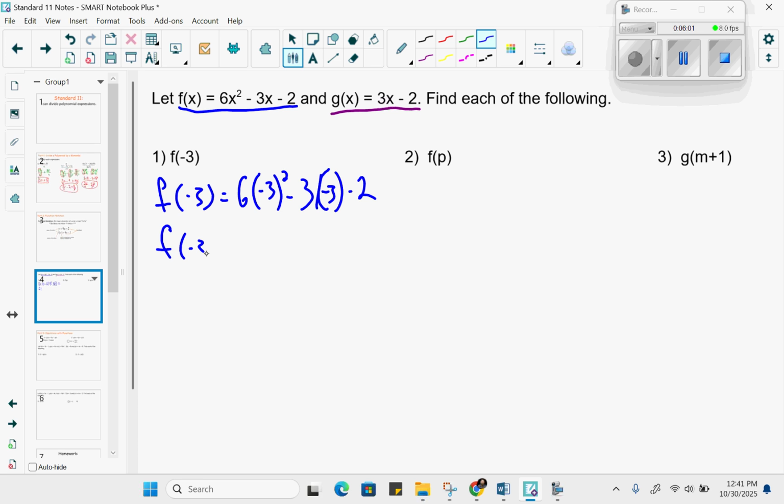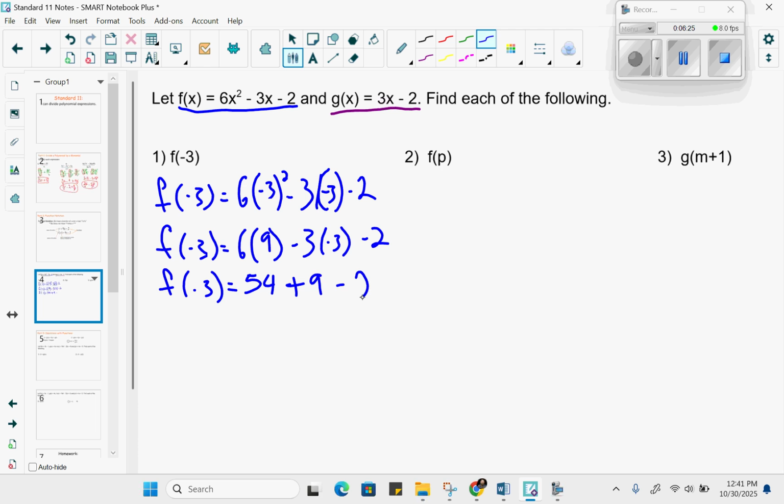I'm going to do the squared first, so negative 3 squared is 9. So 6 times 9 minus 3 times negative 3 minus 2. 6 times 9 is 54, minus negative 3 times negative 3 is plus 9, minus 2.